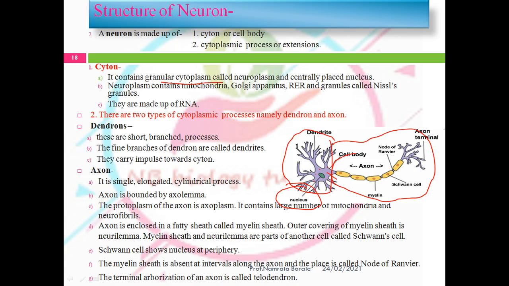The cell body gives out two types of processes. The first one is the dendron, and the second one is the axon. You can see here, this part is the dendrons, and this lower part is the axon.